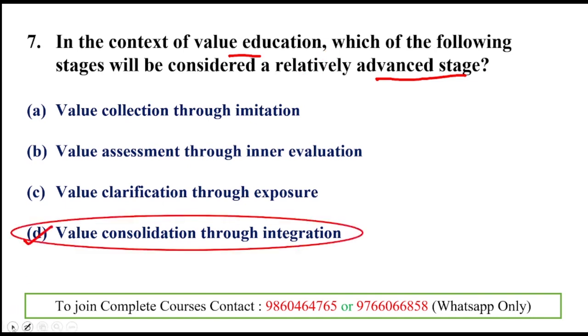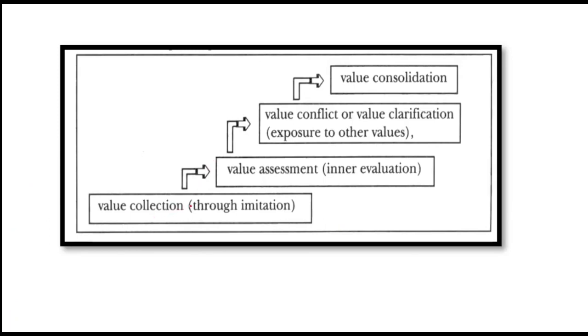Clear? And here you can see the various stages through which values develop. First of all, value collection. A child, not only a student, gets values through imitation. He or she imitates others to get the values first, and then he or she will assess, or inwardly evaluate, those values. Second, value assessment, that is, right or wrong.